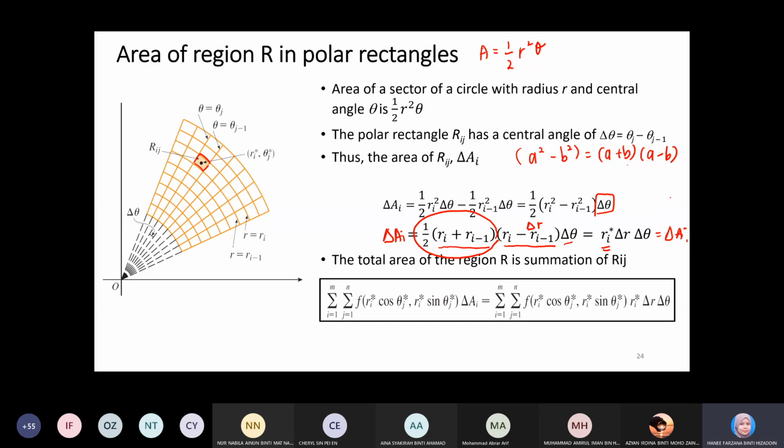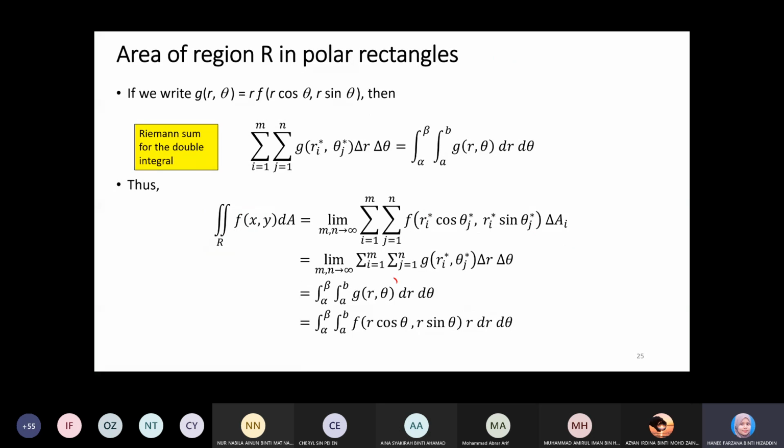At the end of the day, when you add up all the areas together, you put it in a summation from i equals 1 to m for R, and j equals 1 to n for theta, of the delta Ai.